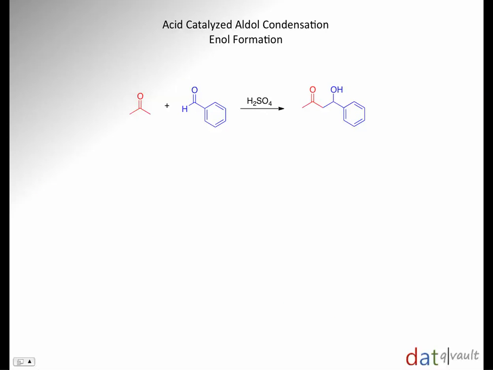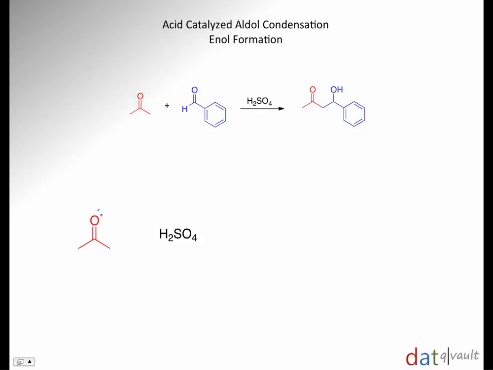Like I said earlier, we can actually do this reaction with acid as well, but the reaction looks a little bit different when we draw the mechanism out. The mechanism for the reaction of the carbonyl with acid first starts again with our reactant that can form the enolate, but instead of forming an enolate, we'll actually form an enol through a tautomerization reaction.